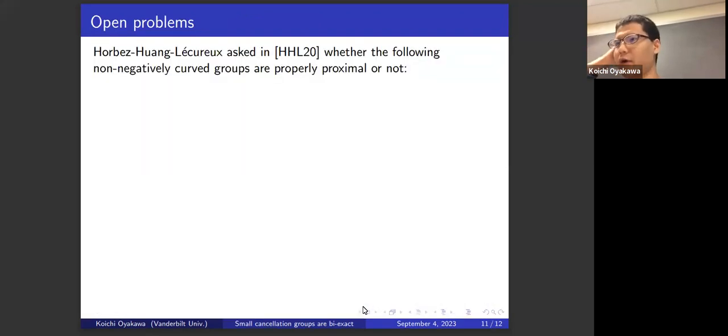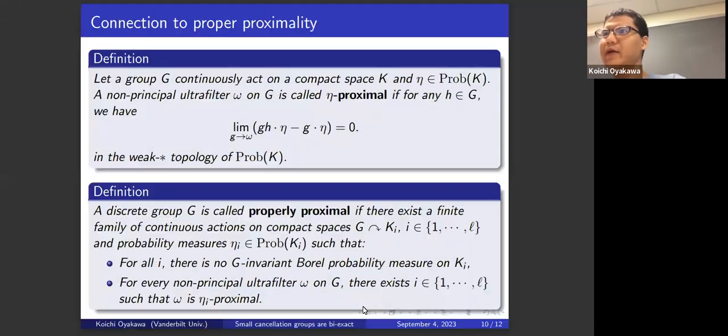My work is related to a work of Fang and others. This property of proper proximality is considered a kind of generalization of bi-exactness.